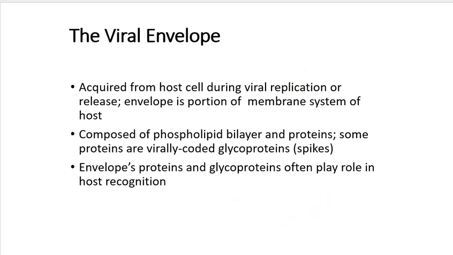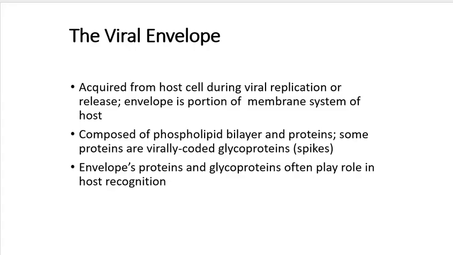All right, so as I said, the viral envelope is acquired from the host cell during replication or release. And the envelope is actually a piece of the cell membrane of the host. Okay, so you get a phospholipid bilayer and proteins, and some of these proteins are virally coded.